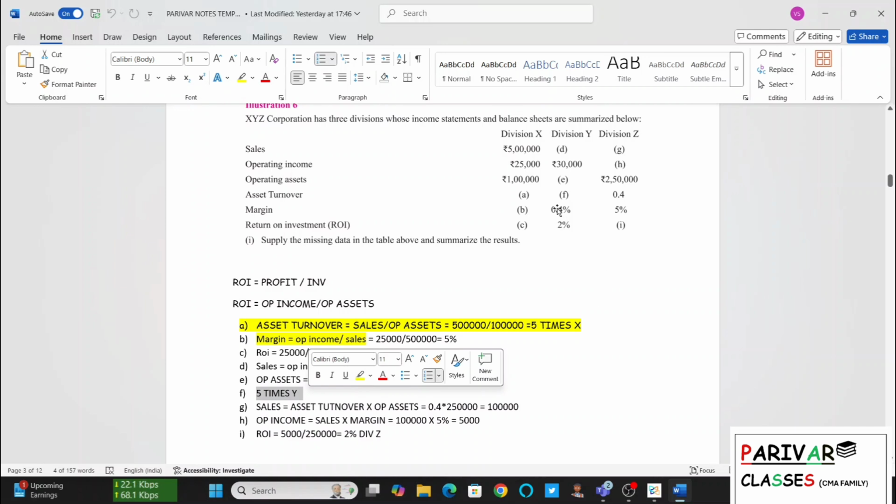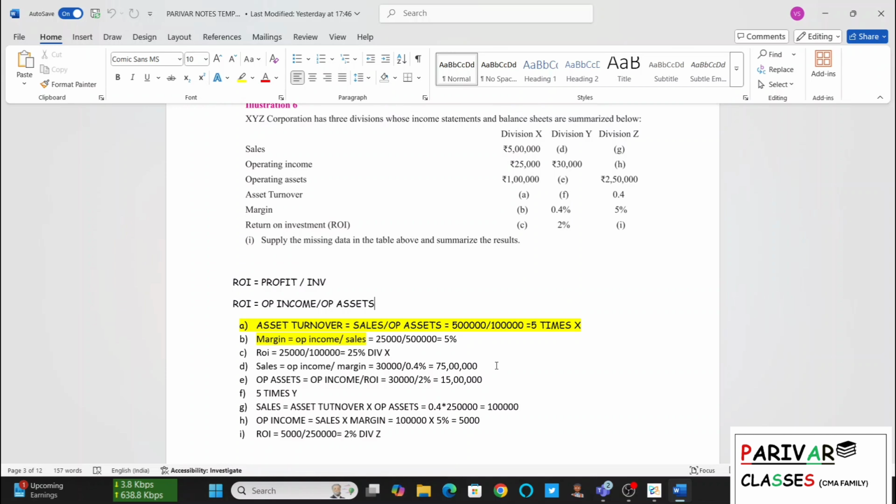Division X is using 1 lakh assets to convert 5 lakh sales, and division Y is using 15 lakh assets to convert 75 lakh sales. So they are equally well utilizing their assets. On the asset utilization part, there is no question.